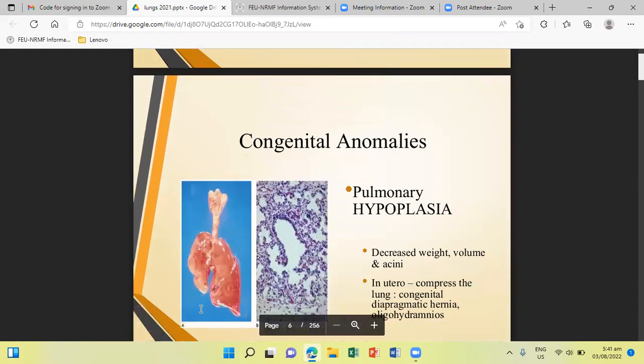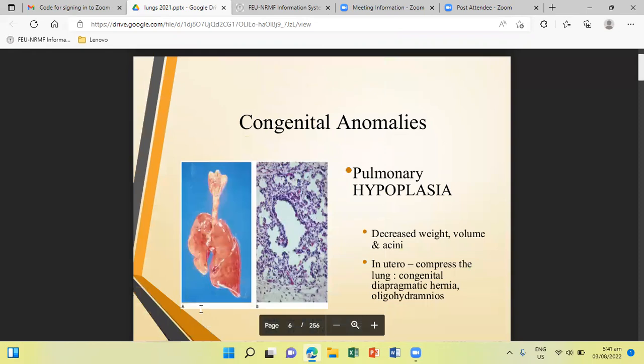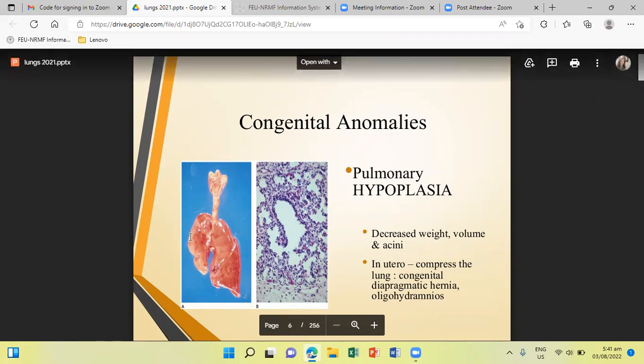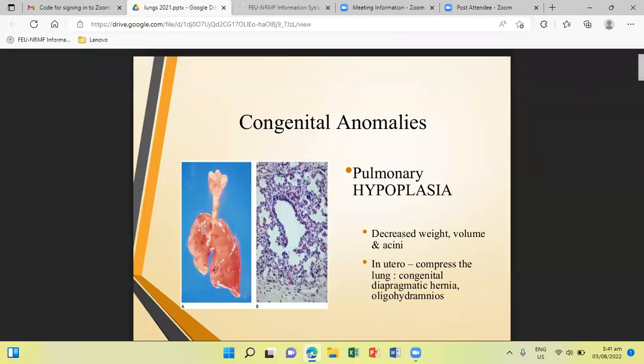Now, the first group of anomalies that we're going to take up would be your congenital anomalies. This is something that is present at the time of birth. Like, for example, pulmonary hypoplasia. As you can see in this illustration, this is the hypoplastic lung. Pulmonary hypoplasia means defective development of both lungs.